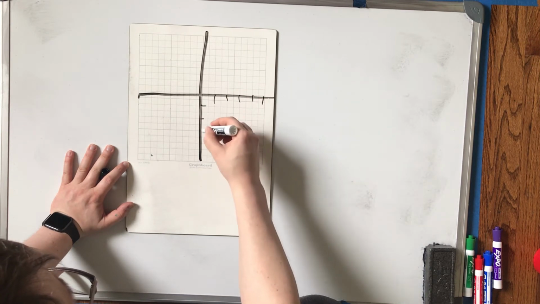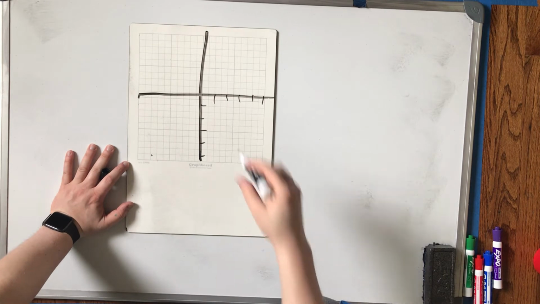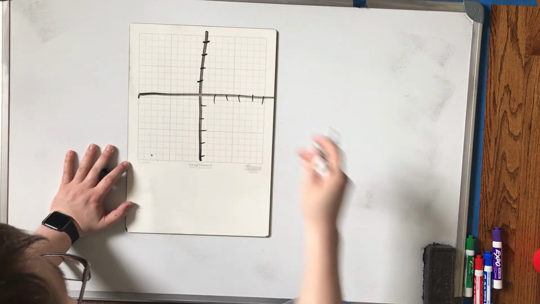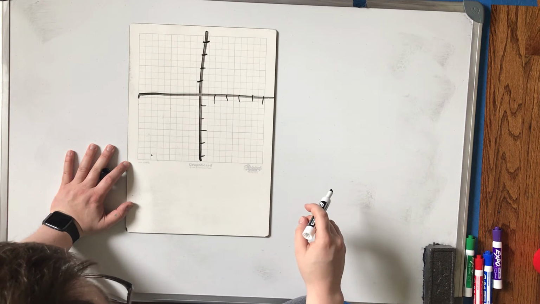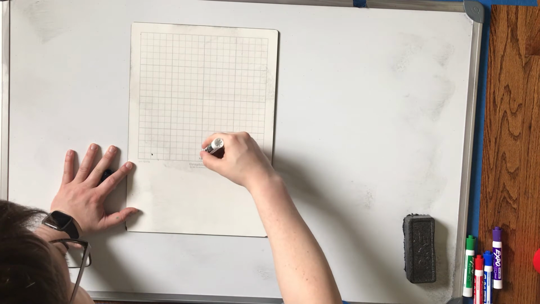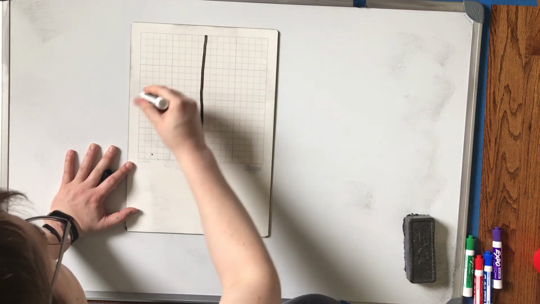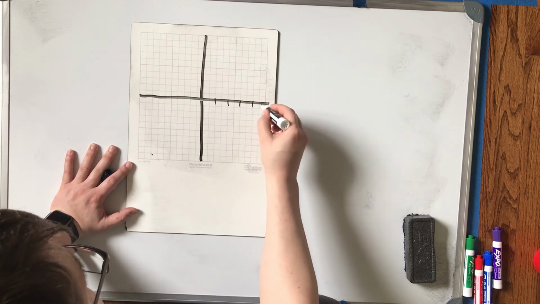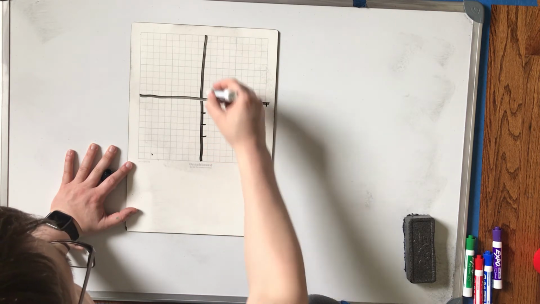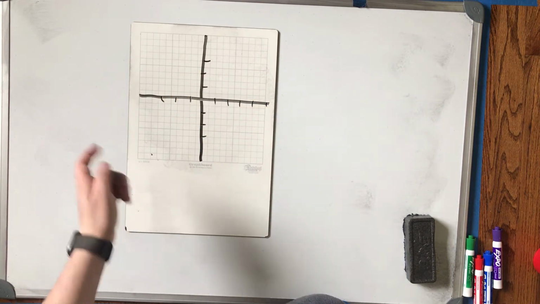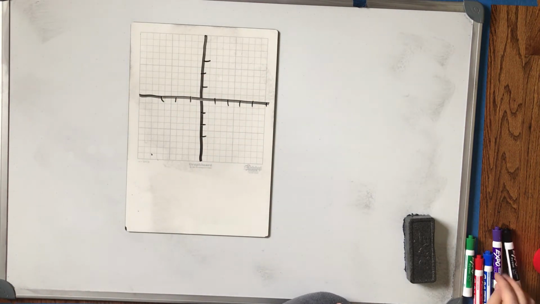And 1, 2, 3, 4, something. I don't know. I'm all off. All right, let's try that again. This is looking much nicer. Don't you agree? That last one was awful.